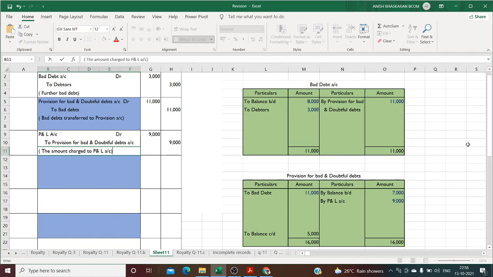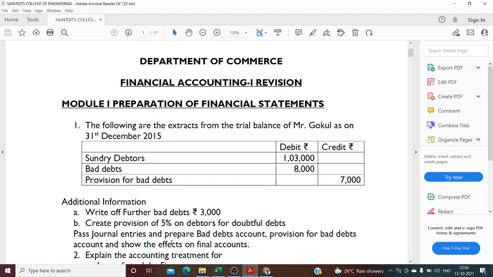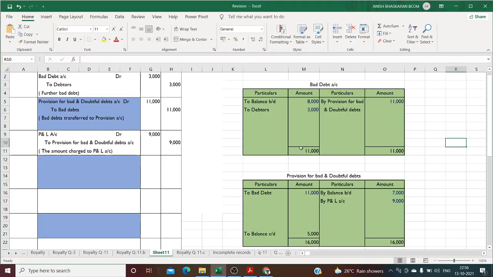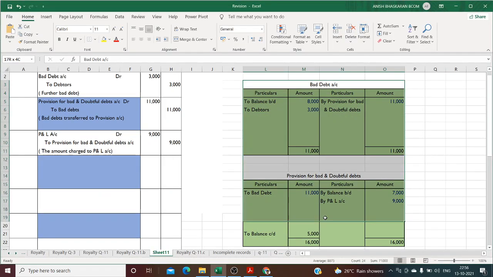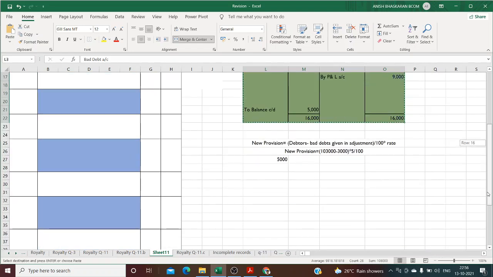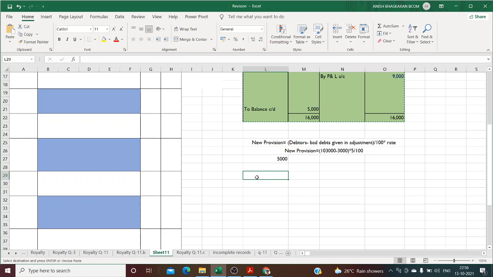Now one more portion demanded from the question, that is show the effects on final accounts. That means the accounting treatment to be shown in the P&L account and balance sheet. That also we should do.